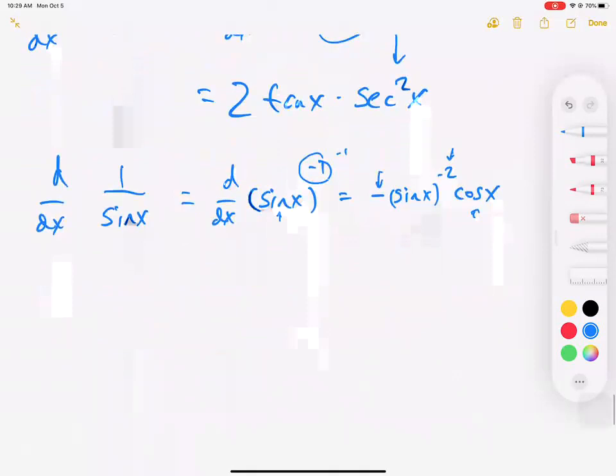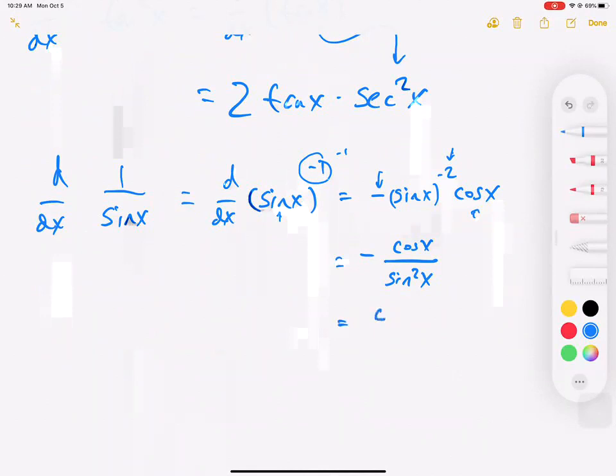All right, let's rewrite this as negative cosine of x over sine squared x. Okay, but actually, that's not what I want. I'm going to write this a little differently.